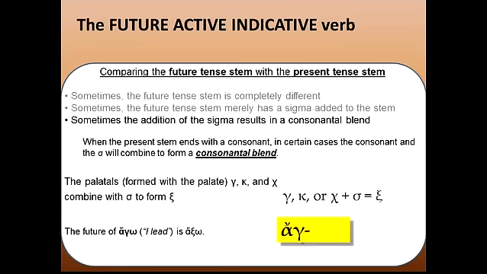When a stem ends in a palatal, and we're going to form the future tense by means of adding a sigma, the palatal consonant combines with the sigma to form xi. And so we take the verb ago, alpha, gamma, omega, which means I lead, and the future of that is axo. So how do we get axo?